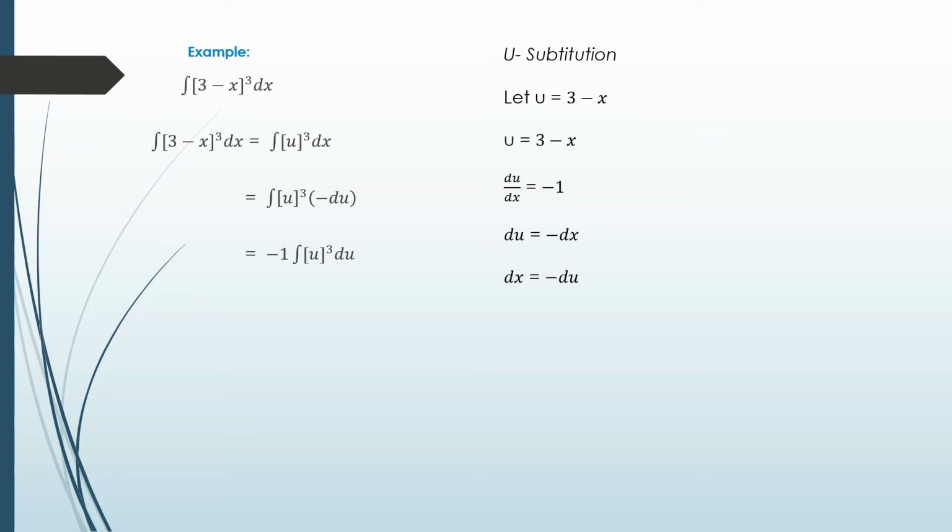So kita perlu integrate nilai u. So kita akan dapat negative u to the power of 4 over 4 plus c. Last step, gantikan nilai u dengan nilai asal. So the final answer is negative 3 minus x to the power of 4 over 4 plus c.